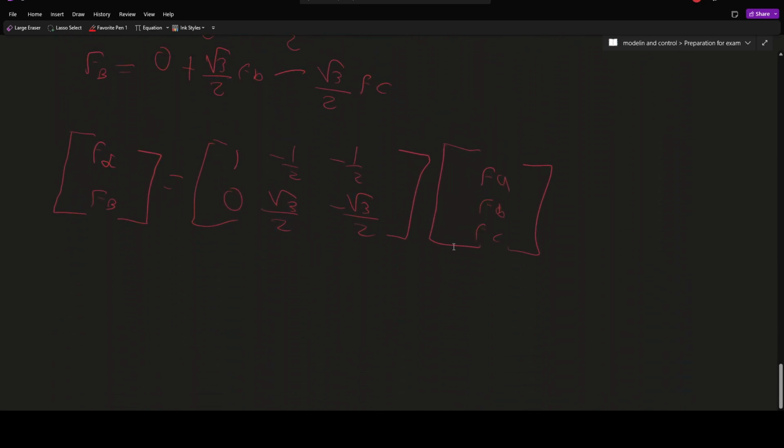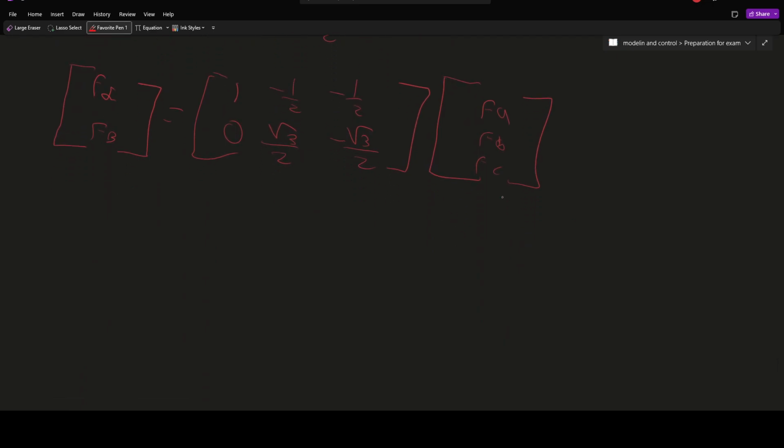And now we can go back the other way around. So we have alpha and beta, and we want to get FA, FB, and FC. We just need to transpose this matrix.